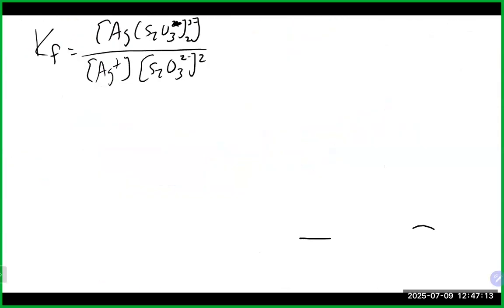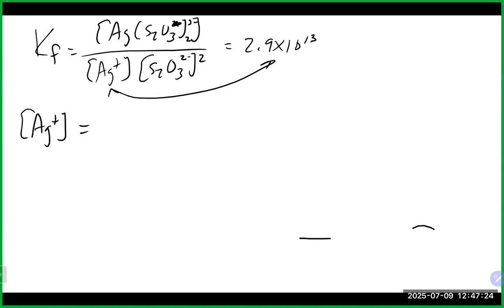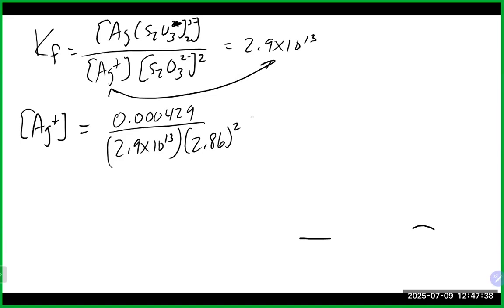And that is our 2.9 times 10 to the 13. All right, so once again, we're going to swap these around, and that will give us our silver is equal to 0.000429 divided by 2.9 times 10 to the 13 and our 2.86 squared.